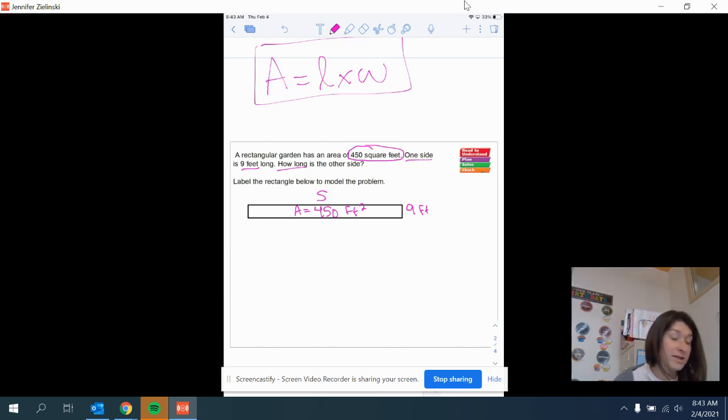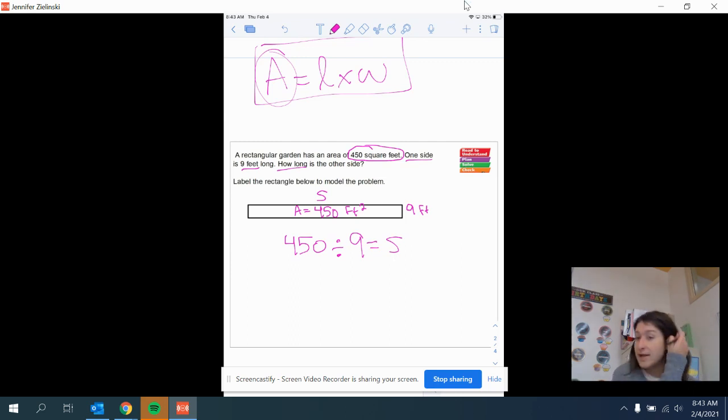What we need to think about is what equation we would use to find that missing side length, since we're already given the area. Well, what I would need to do is some division. I know it's 450, and I'm going to divide by 9. And that is going to equal S. So my equation would look something like this.